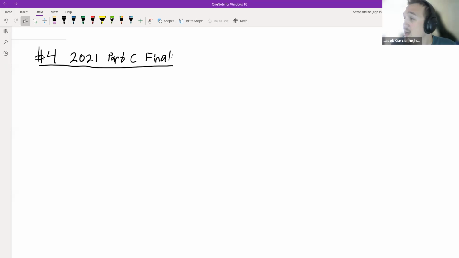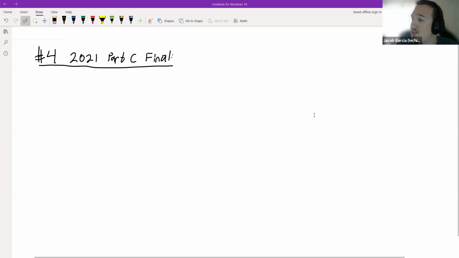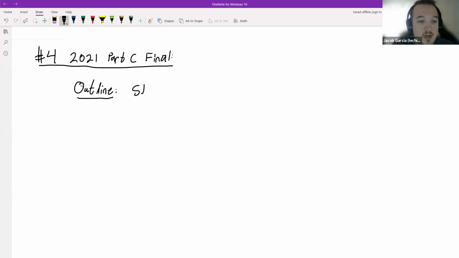So for this, there's a couple of steps, and I'll just do an outline of a proof instead of a full proof. So step 1, you use the Whitney approximation theorem.